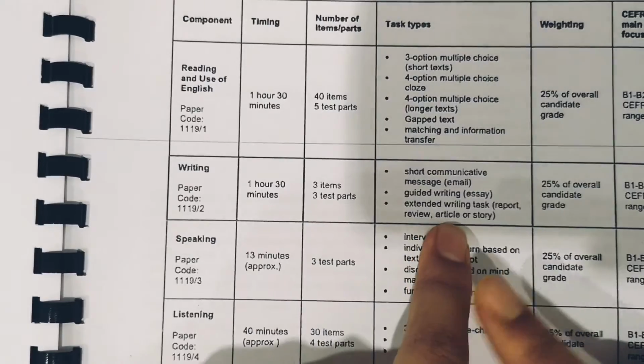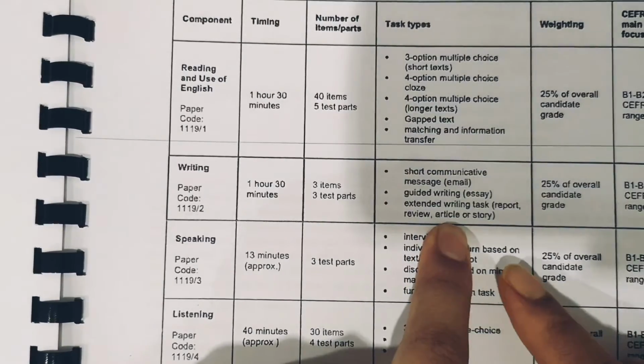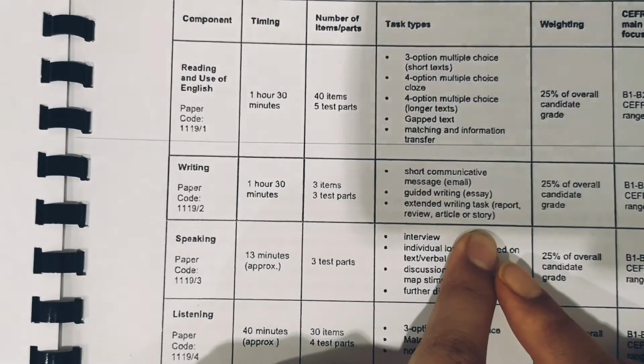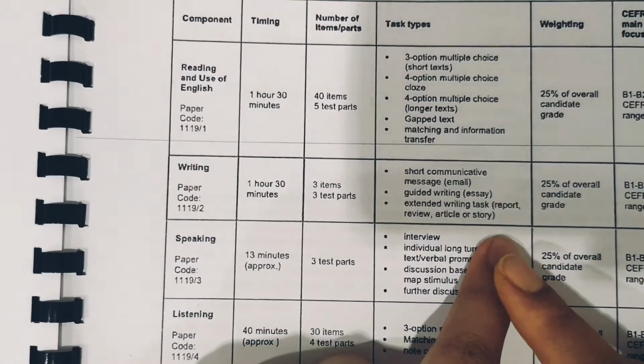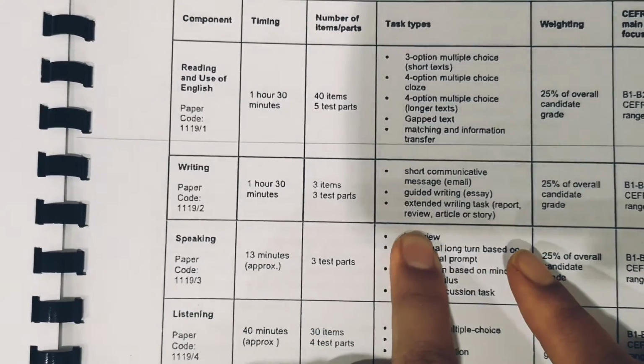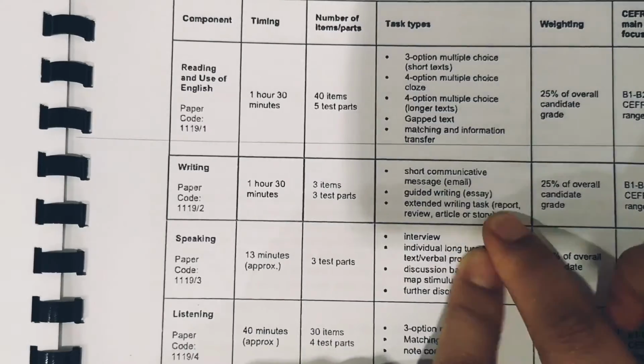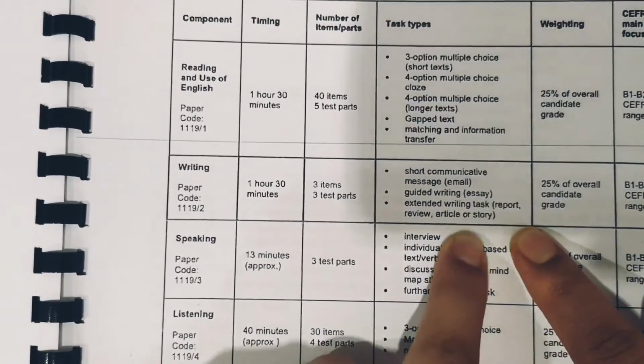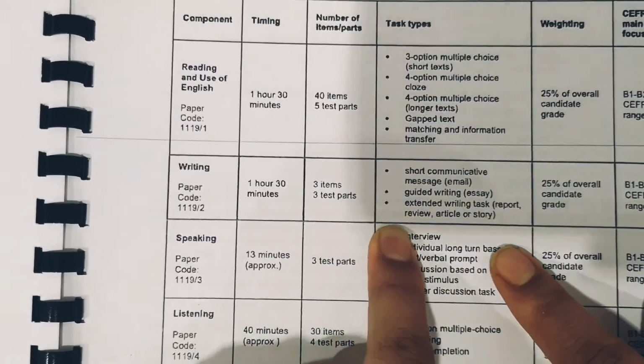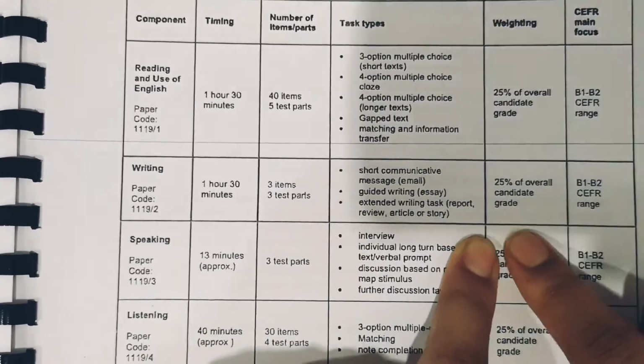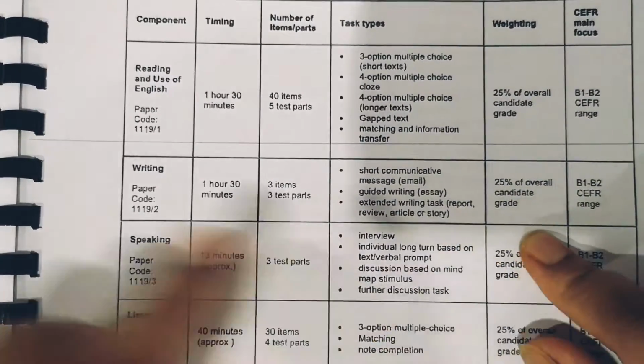And the third one is an extended writing task. In the bracket, the options are report, review, article, or story, so you can choose any one of these in the third task. This one also contributes 25% of your overall mark.